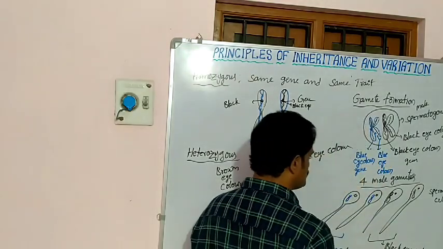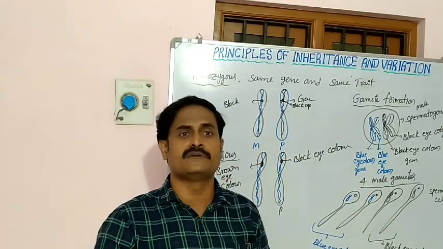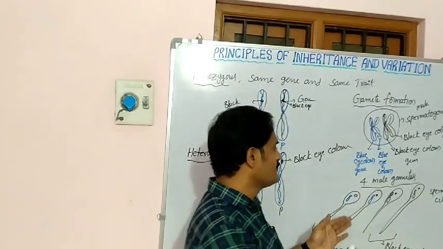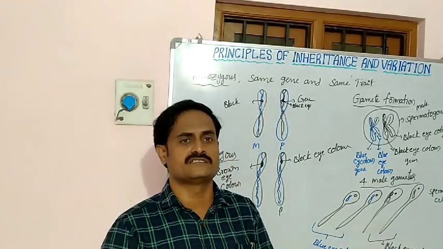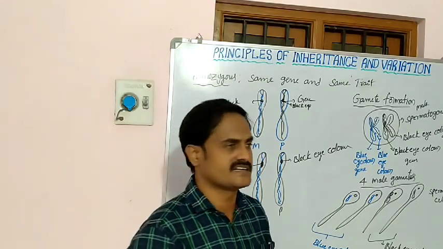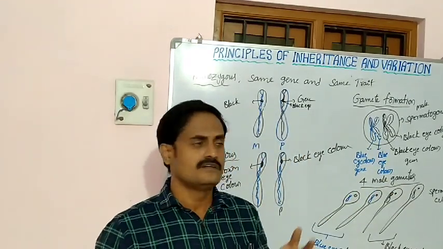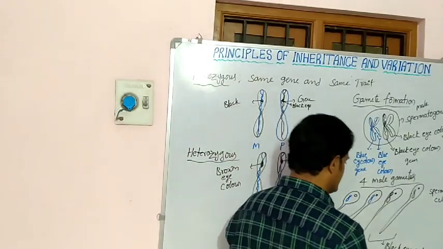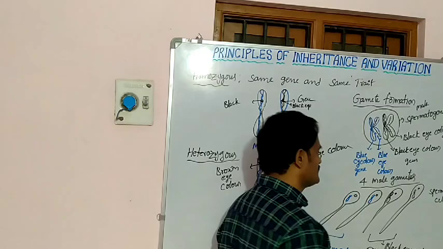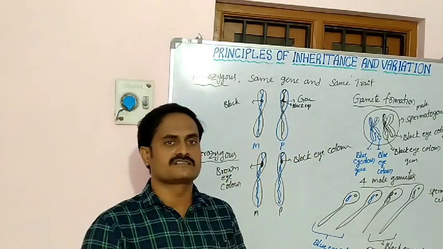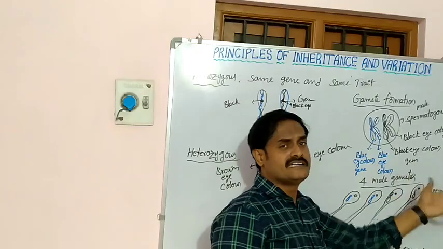During gamete formation, all 4 gametes do not have similar genes. 50% of the cells have one type of gene, one type of character, and the remaining 50% have the other type of gene. So 50% of the characters are the same and the remaining 50% are different.